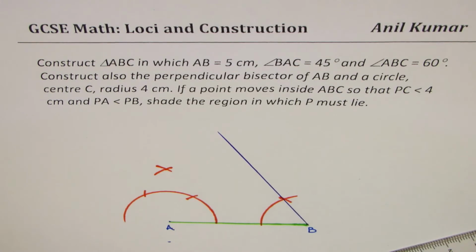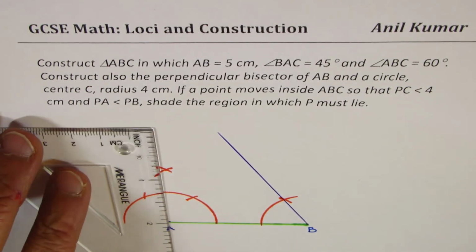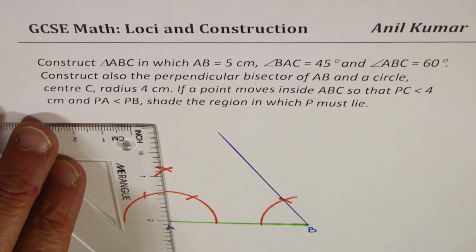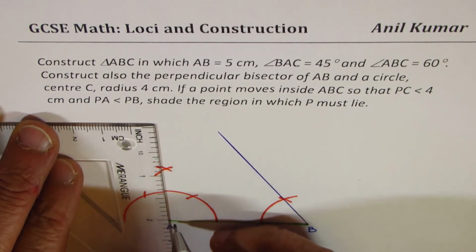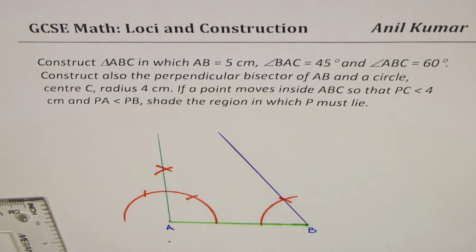60 plus 30 is 90, so we kind of bisected it. So that is 90 degrees. So we'll draw this 90 degrees and then create another line which will give us 45, correct? So that is perpendicular at A, and now we will do the bisector of this particular angle to get 45 degrees.